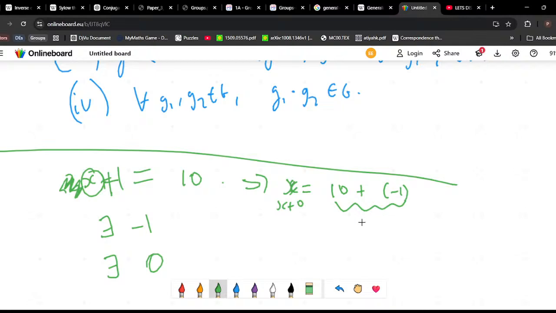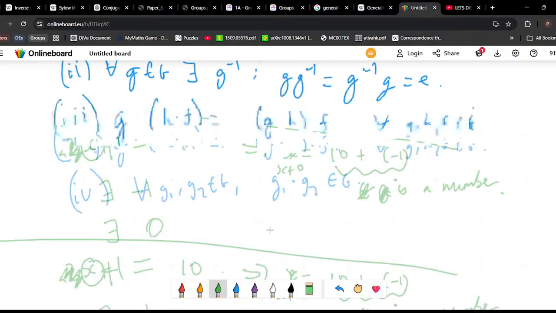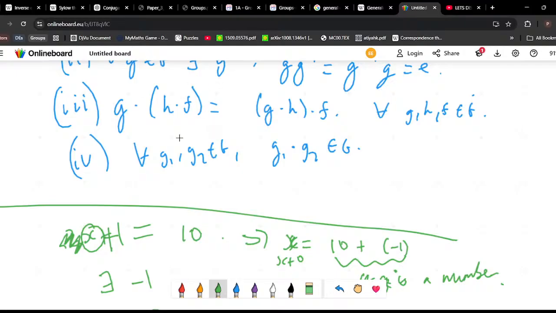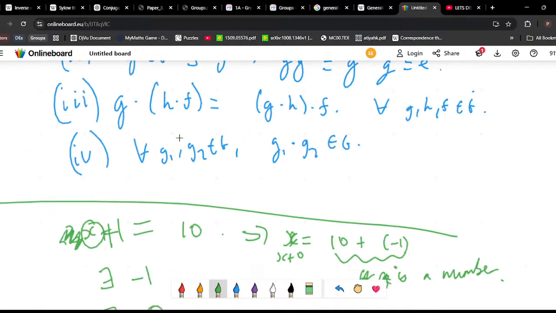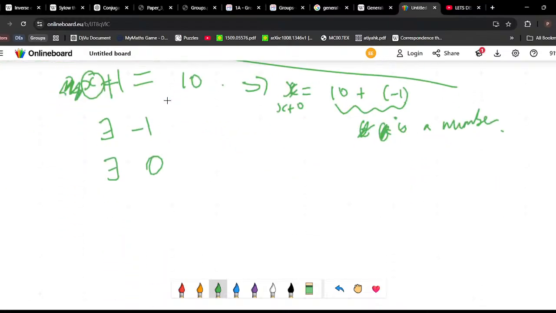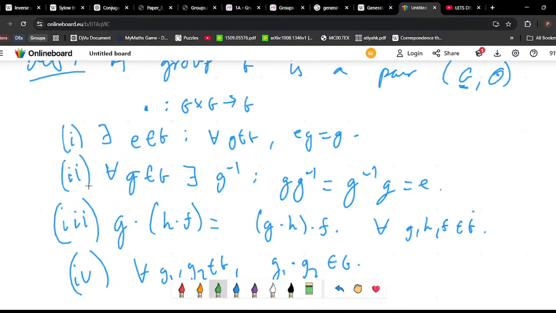And now we want that this is in our group G. So we want that this is a number. Otherwise it wouldn't really work. So you can think of these as the minimum axioms that we need in order to do algebra. And if you started adding stuff, then associativity becomes necessary too. If you don't have associativity, you have to be really careful with brackets. Now, the reason I deleted the 2 is because that would require multiplication, and we only have one operation in a group.